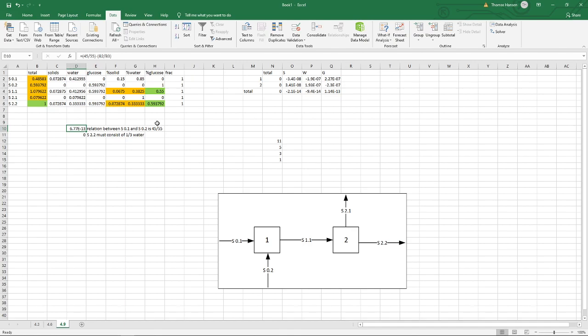Now, I also said we could try, instead of having the relations down here, it should be possible for us to just put them in here. So we could say that's a third. We could say this one is 55/45 times the stream above it. So basically what I've said now is that the 55/45.